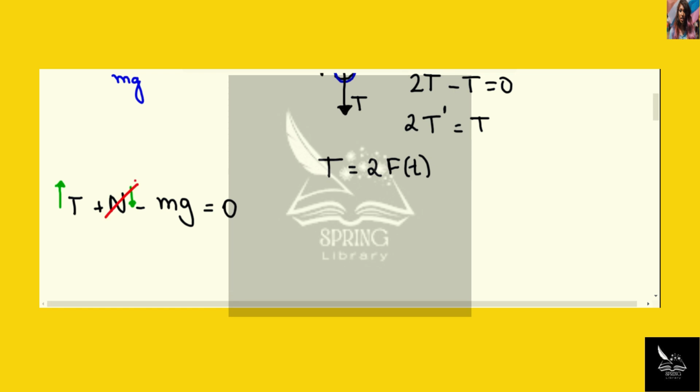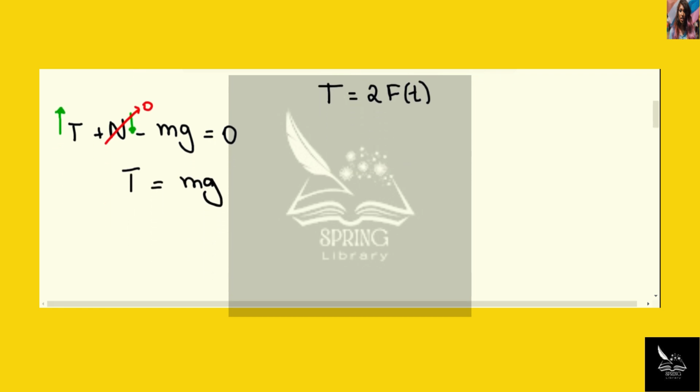And from that point on, the block starts to move up. So we have that T is equal to mg. Now, as I said, T is equal to 2 times F of t. So at that point, 2 times F of t is equal to mg.